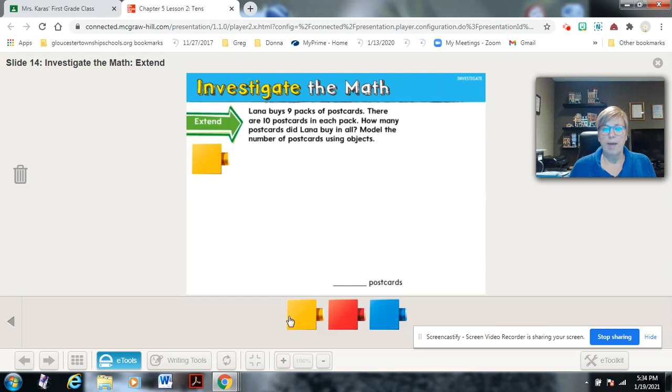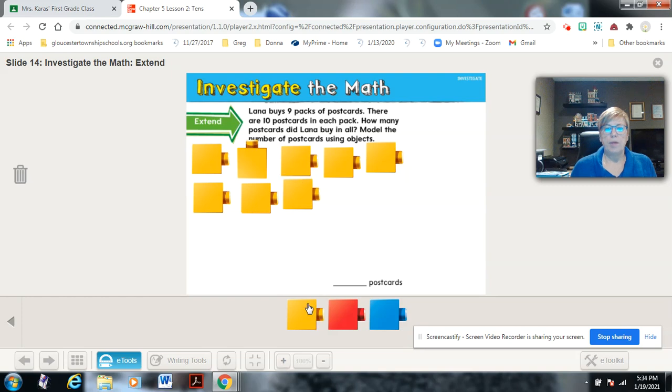So here's 1 pack, 2 packs, 3 packs. Let's do that one like that. 4, 5, 6, 7, 8, and 9.